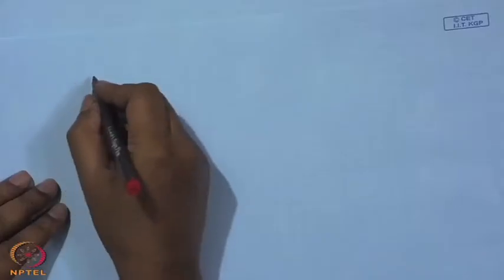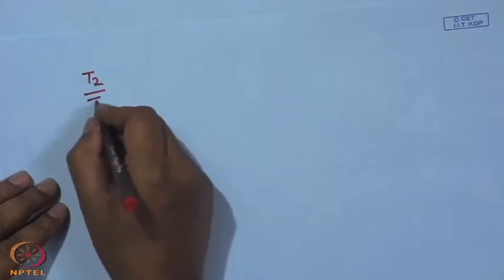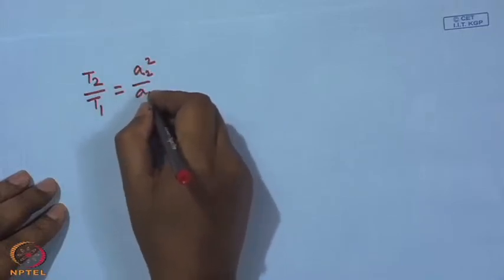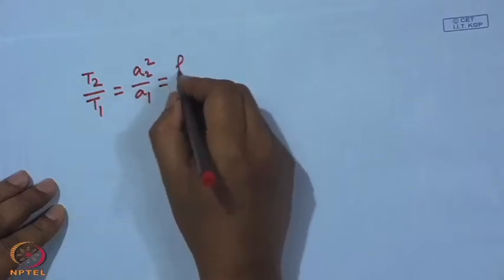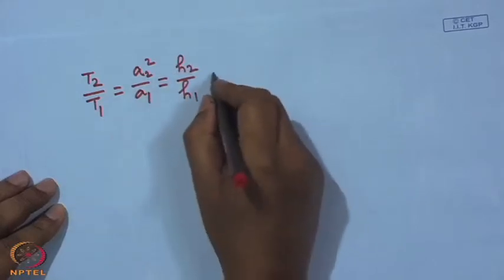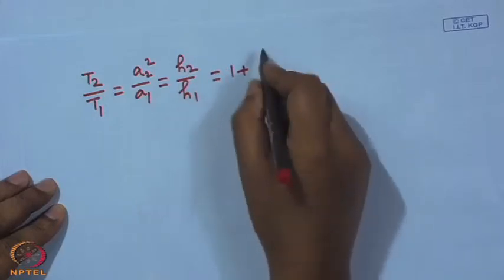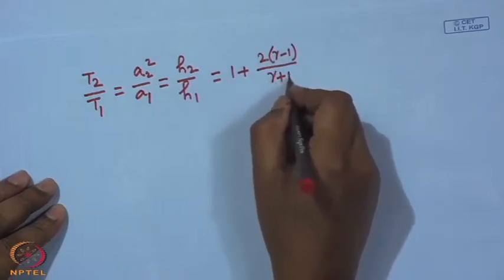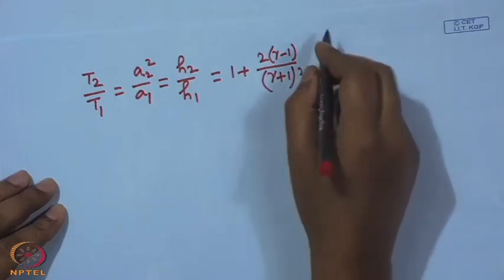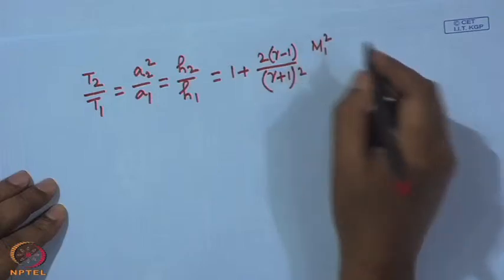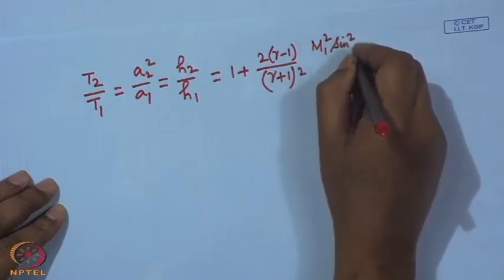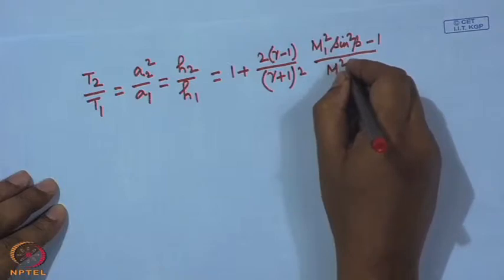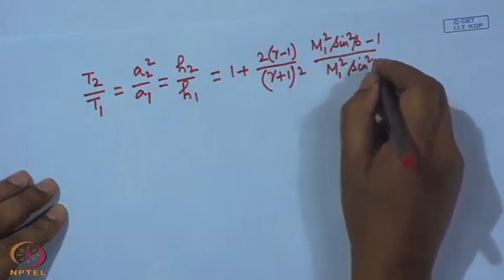Similarly, the temperature ratio, which is also equal to the square of the ratio of the speed of sound and also the ratio of the static enthalpies, is again 1 plus 2 into gamma minus 1 by gamma plus 1 squared, and so on, in terms of M1 square sin square beta.